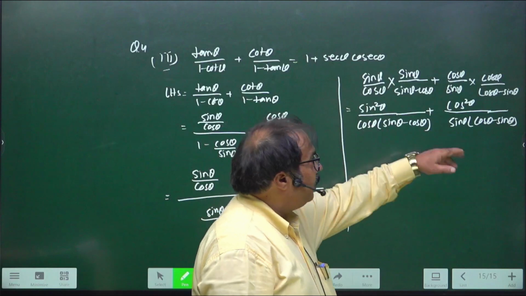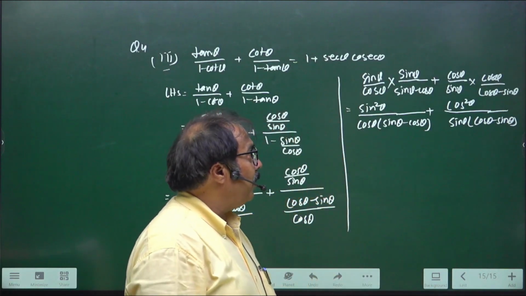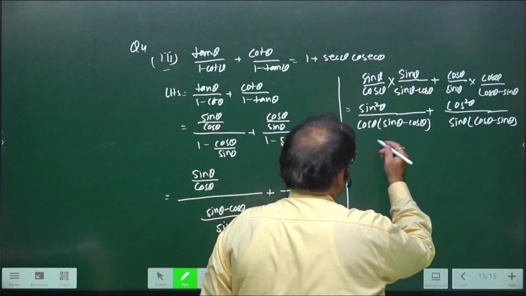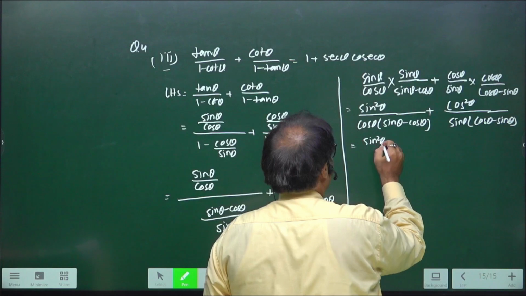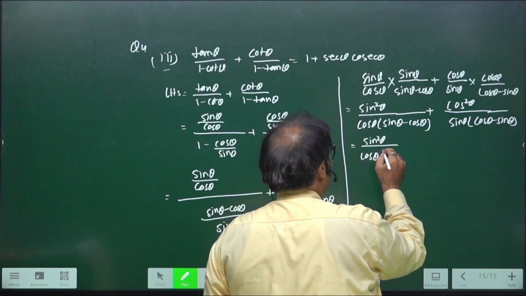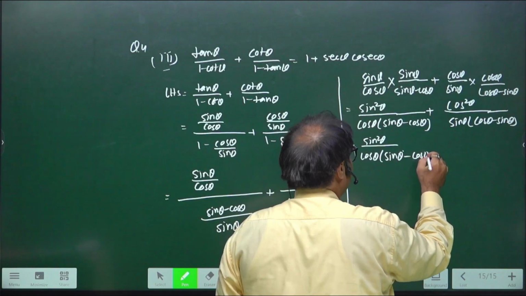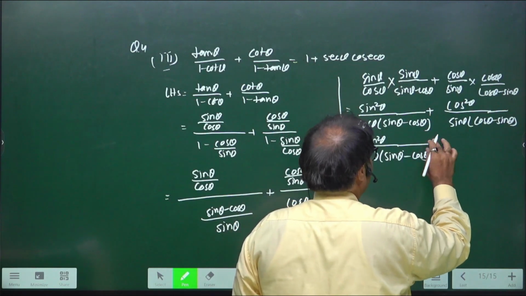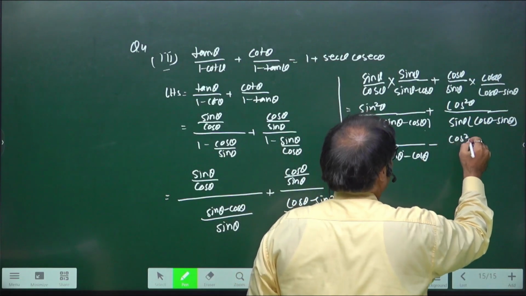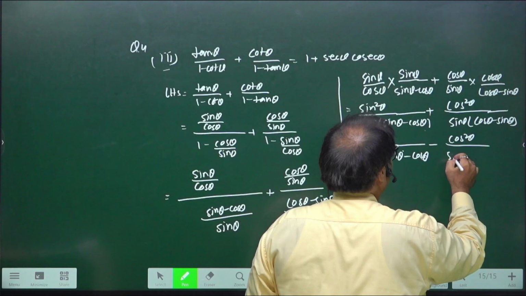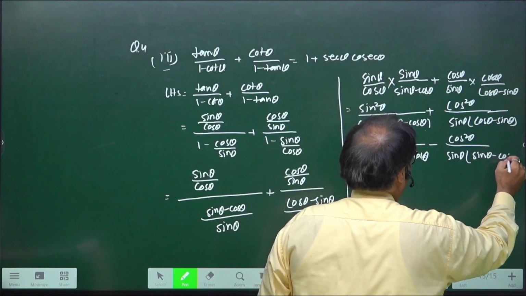Now to make the denominator equal, what we have to do, take minus as a common from here, right? So we may write one more step, then we can take out the LCM. So this is sin square theta upon cos theta into sin theta minus cos theta, and now I am writing here minus cos square theta divided by sin theta into sin theta minus cos theta.